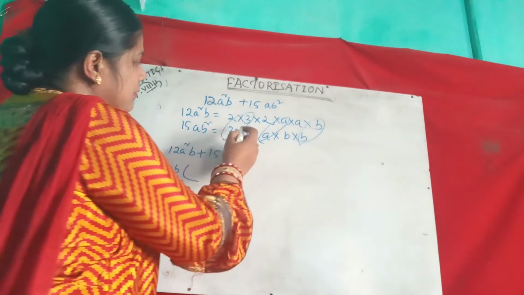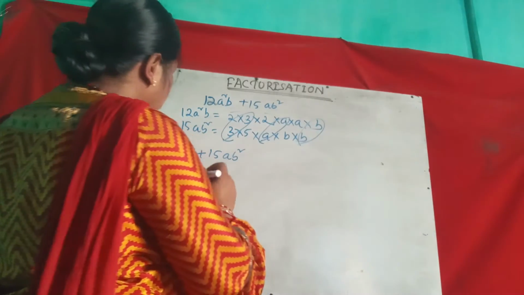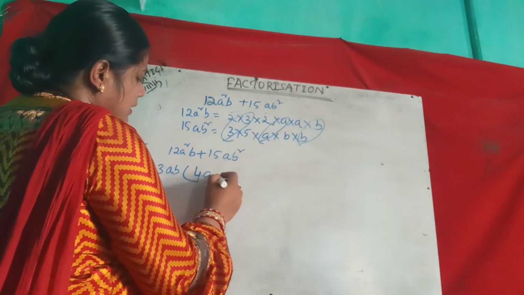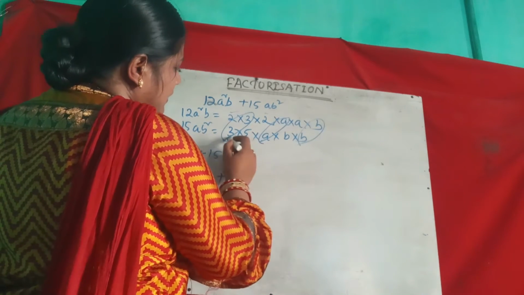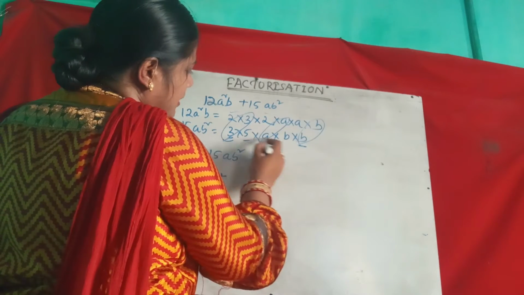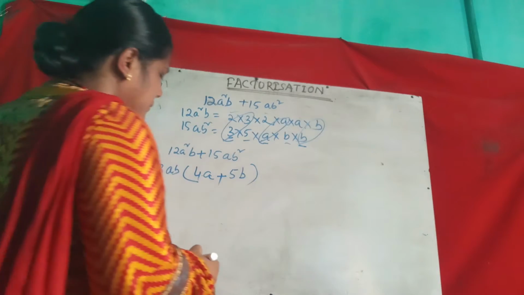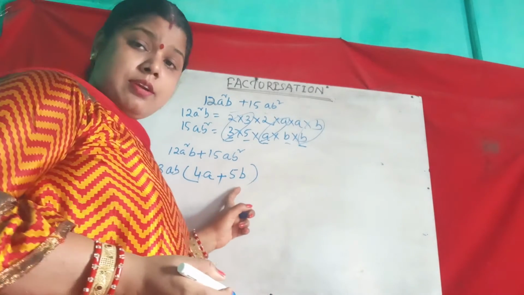Then what remains? In the first term, 4a, since 3ab times 4a is 12a square b. In the second term, 3ab is gone, and 5b remains. So the factorization is 3ab into 4a plus 5b.